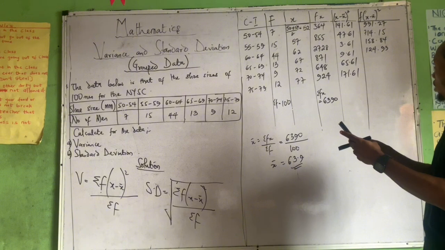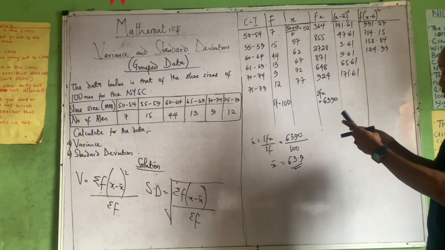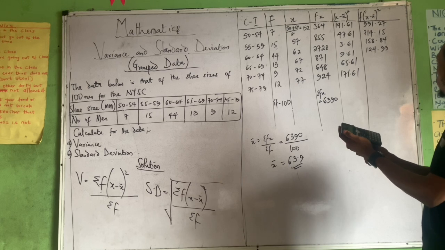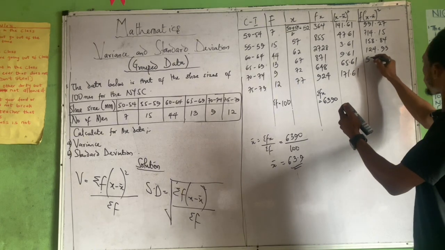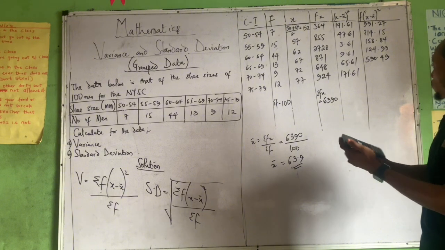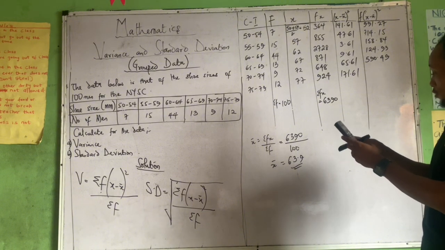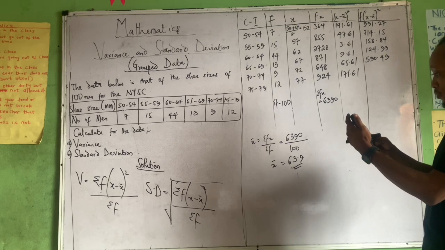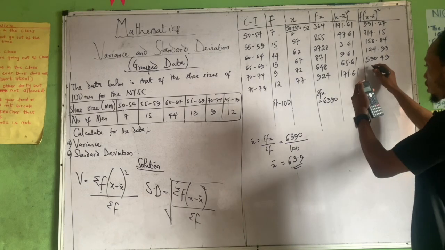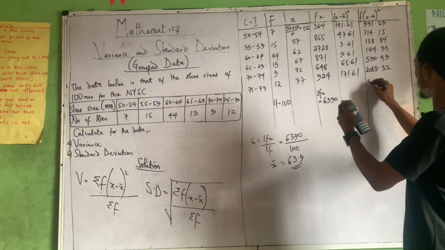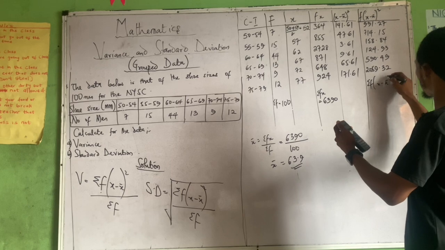Then 9 times 65.61, that'll be 590.49. Then 12 times 171.61, I have 2059.32.